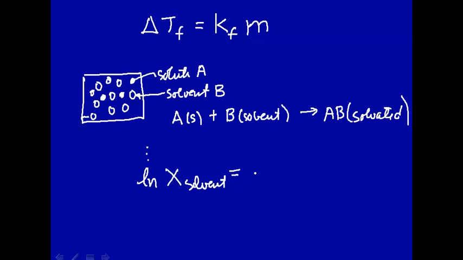Well, analogous to what we did before, the natural log of the mole fraction of the solvent will be the enthalpy of fusion divided by R, times 1 over the temperature minus 1 over the freezing point temperature.